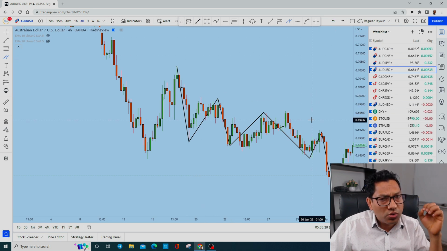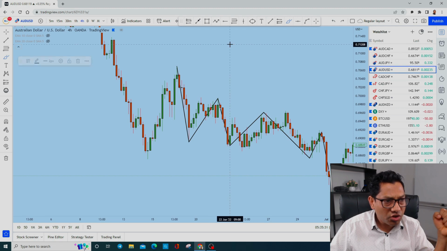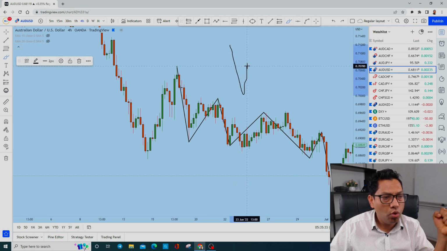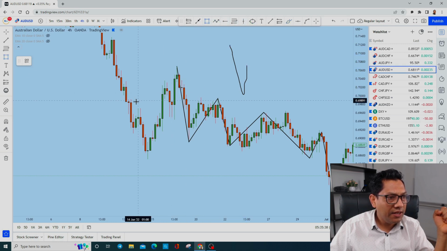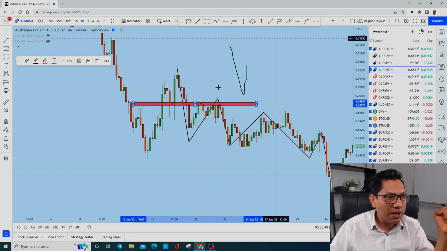As I told you, when you see a downtrending market structure move, you need to wait for the pullback. In that pullback, you see this is the previous support here.